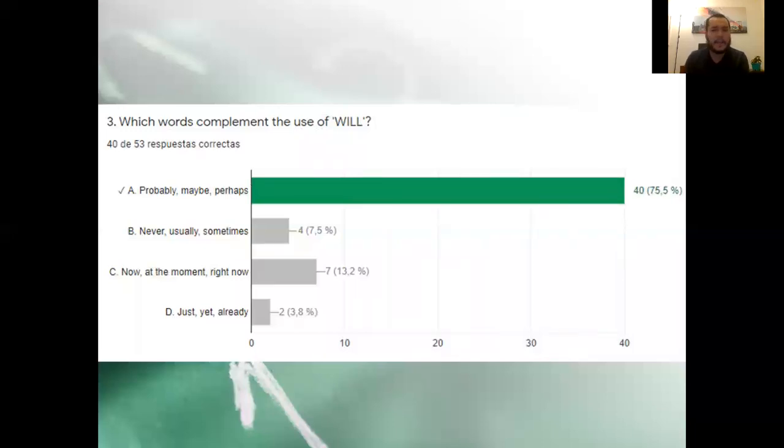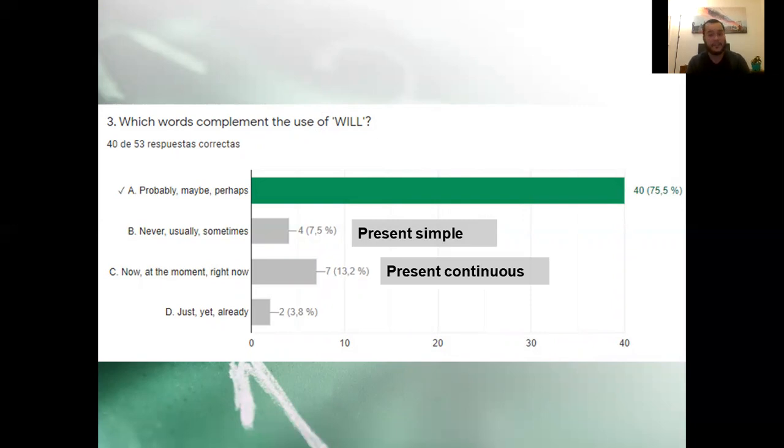But some people say letter B, never, usually, sometimes. I can say that you use those expressions with the present simple. Letter C, now, at the moment, and right now. What is that? Present continuous. And just, yet, and already, you use them with the present perfect.